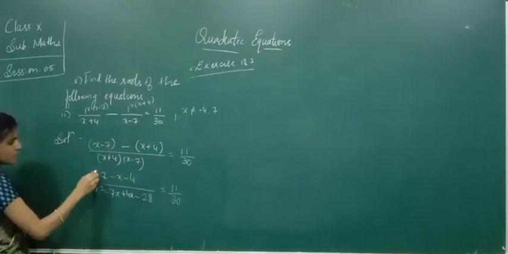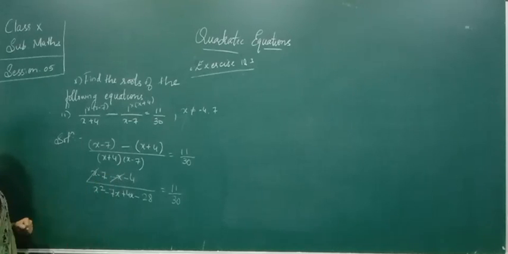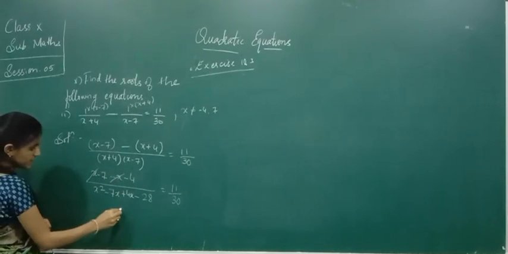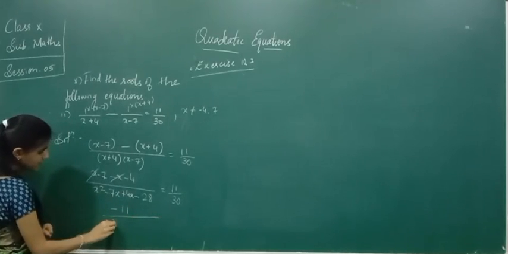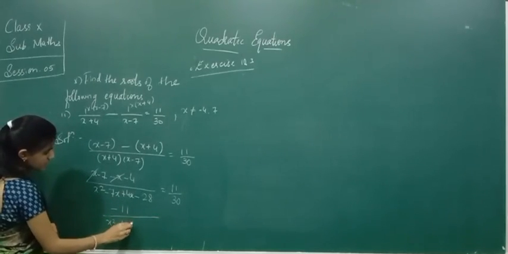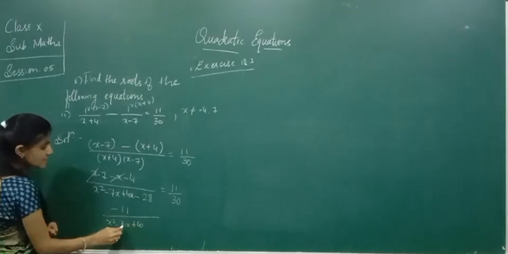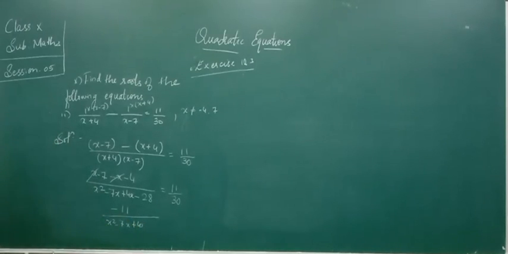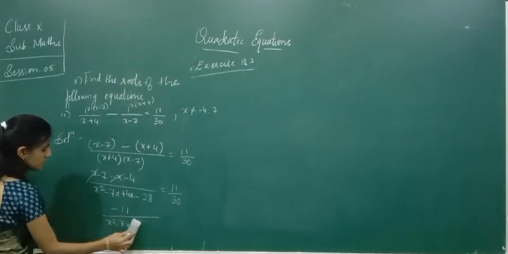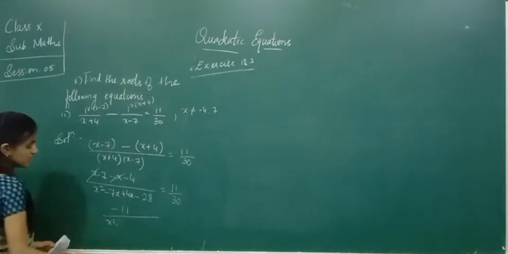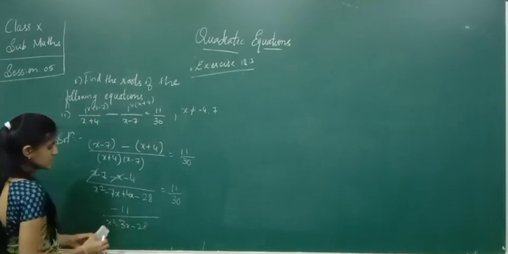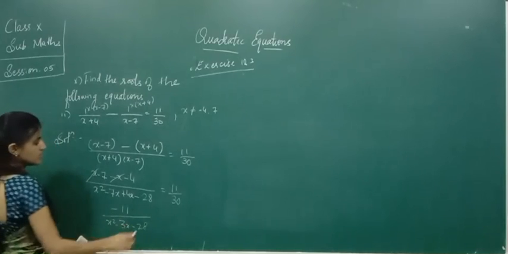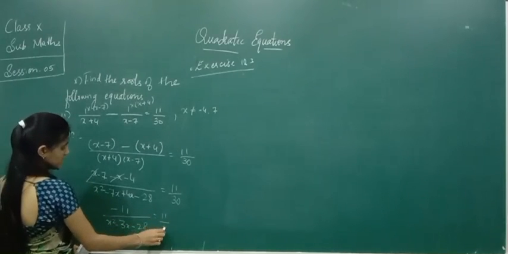See here, plus x and minus x get cancelled. I am left with minus 11 divided by x square minus 7x plus 4x. Minus 7 plus 4, what is it going to be? It is going to be minus 3 because the bigger number has the minus sign. Minus 3x minus 28. This will be equal to 11 by 30.